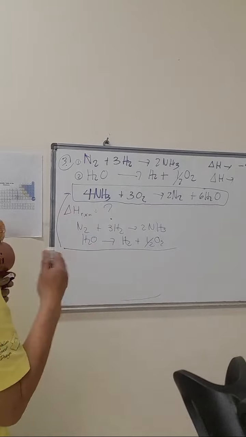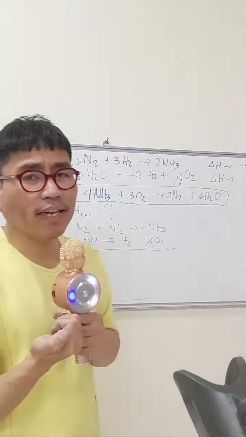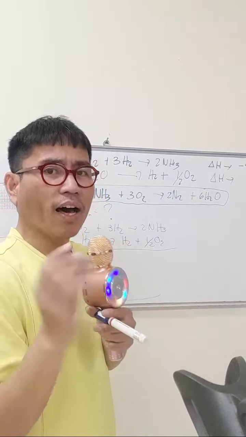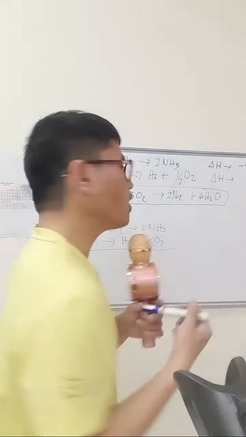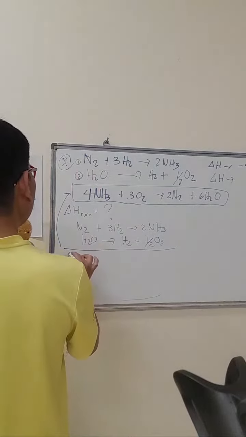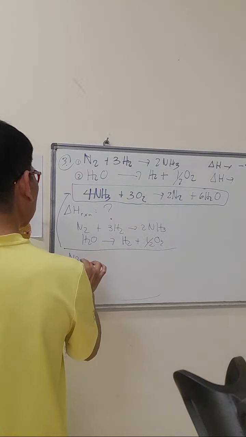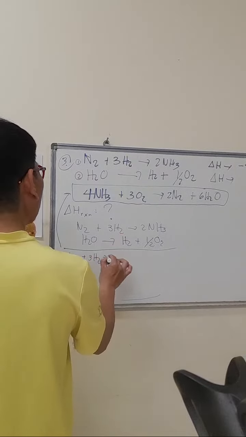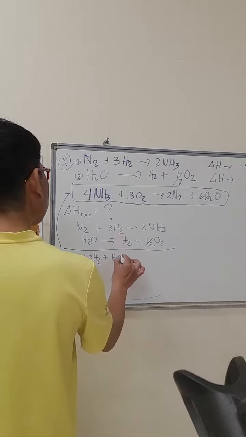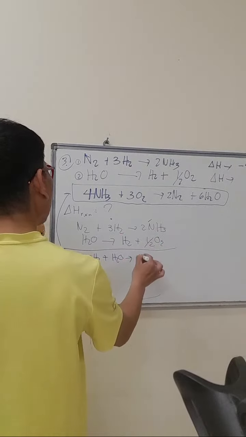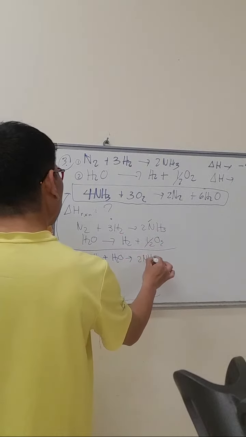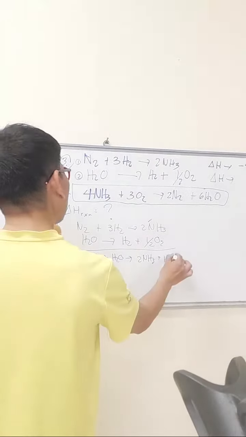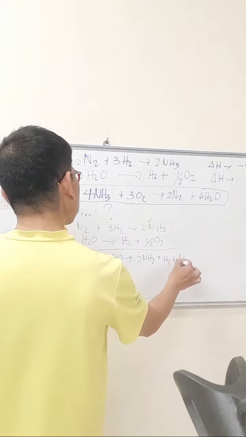The technique of adding: add all the reactants first, second, add all the products. Now in equation 1 you have N2 plus 3 moles of H2 plus 1 mole of water equal to 2 moles of ammonia plus 1 mole of H2 plus 1/2 mole of oxygen gas.